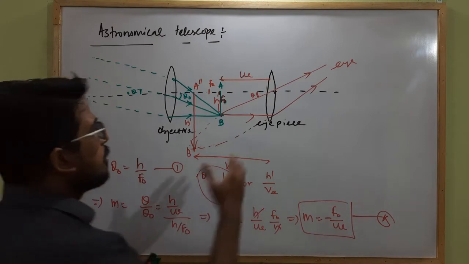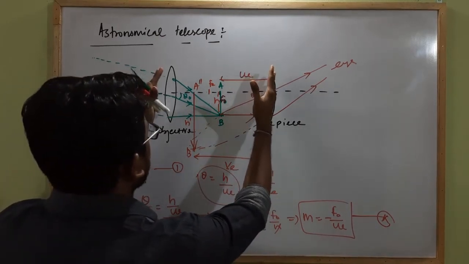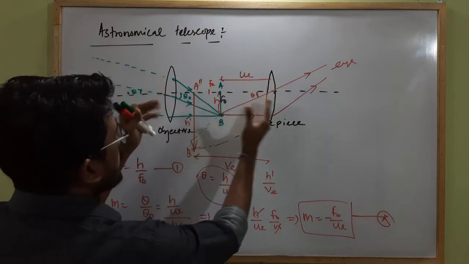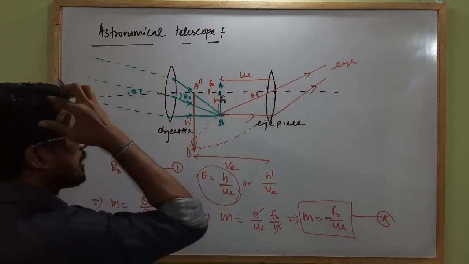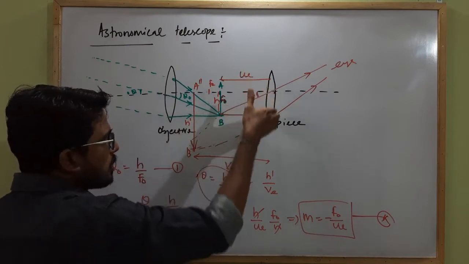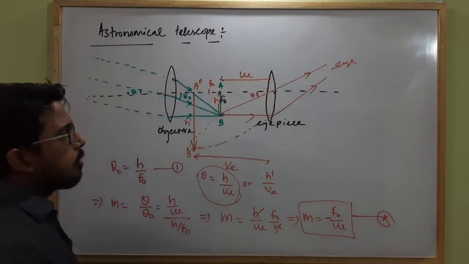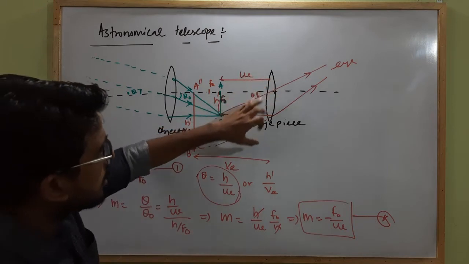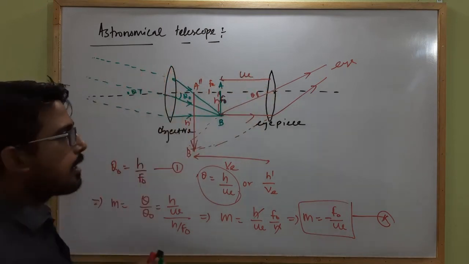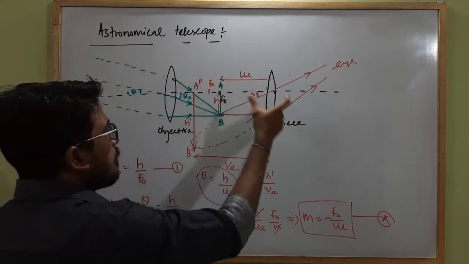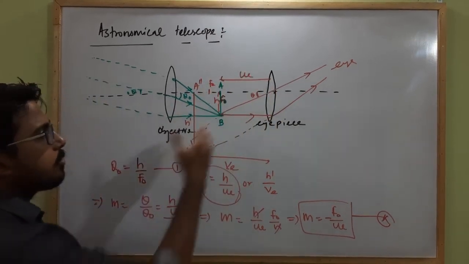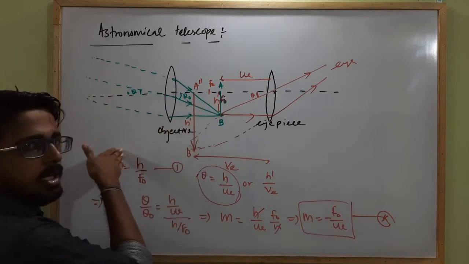Clear? So if the arrangement is made in such a way that the distance between the objective and eyepiece can be changed, then for getting the maximum magnification and minimum magnification we can shift the eyepiece position. So for normal adjustment we have to adjust the distance between the eyepiece and the objective in such a way that the image AB must lie on the focal length of the eyepiece, so that its final image will be obtained at infinity.